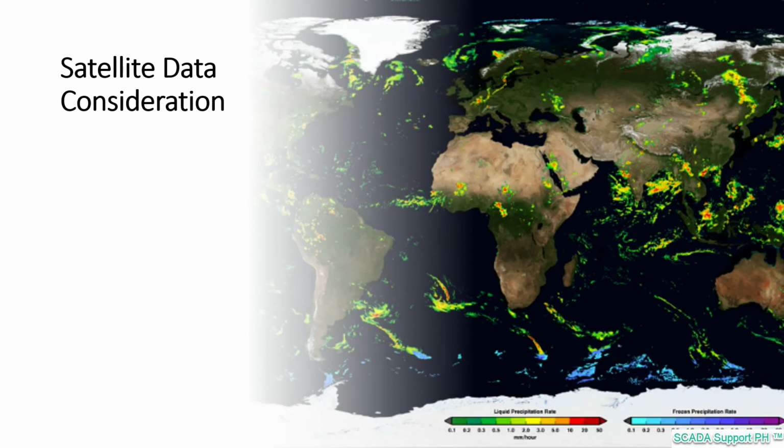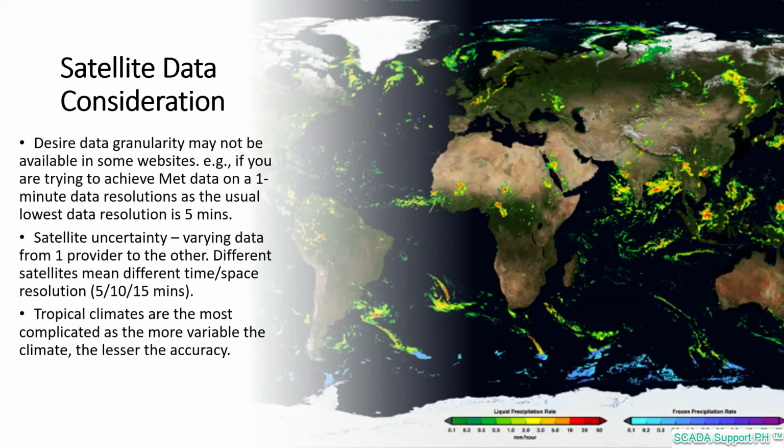However, there are some things that you may need to consider when choosing to use satellite data instead of the MDAS or actual ground measurements. First off, your desired data granularity may not be available on some websites.